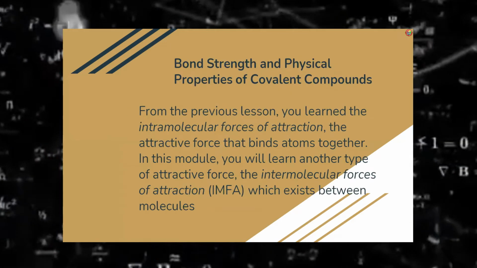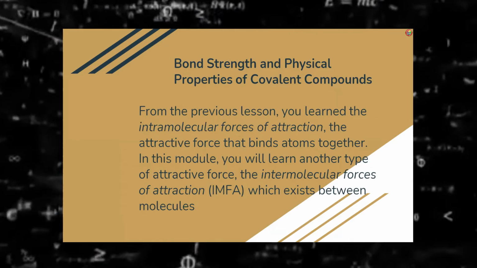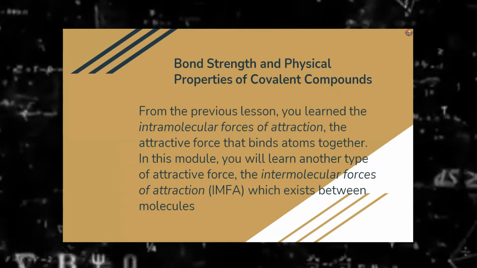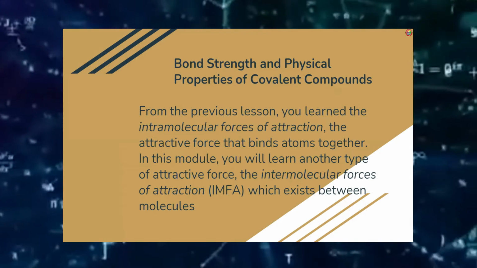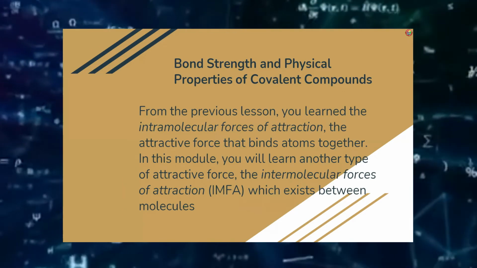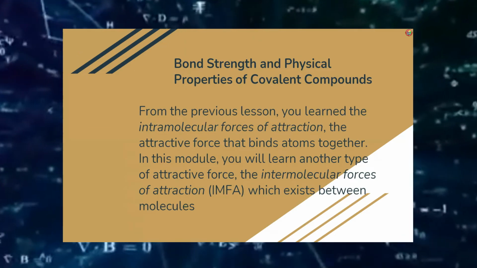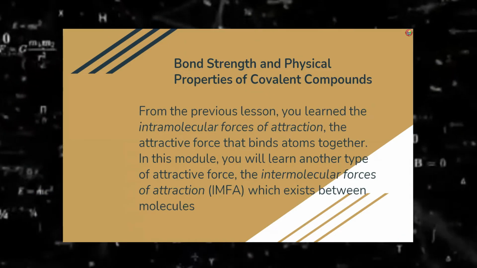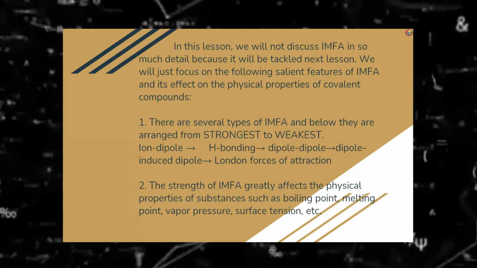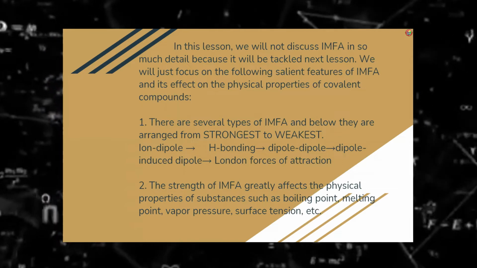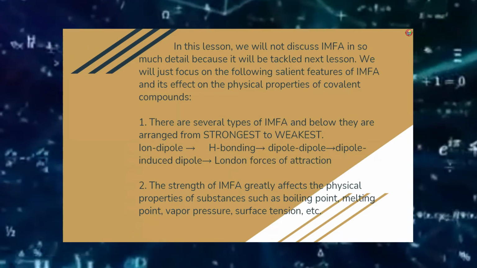Bond strength, physical properties of covalent compounds. From the previous lesson, you learned about intramolecular forces of attraction, the attractive forces that bind atoms together. In this module, you will learn another type of attractive force, the intermolecular forces of attraction or IMFA, which exist between molecules. In this lesson, we will not discuss IMFA in so much detail because it will be tackled in the next lesson.